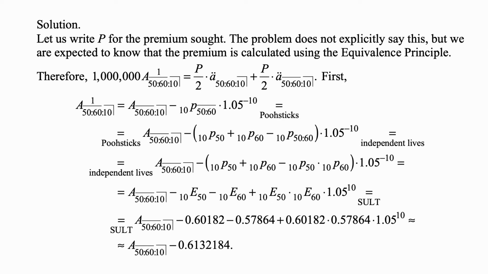And here's the solution. Let us write P for the premium. The problem does not explicitly say this, but we are expected to know that the premium is calculated using the equivalence principle. That means that this $1 million term insurance with death benefit payable upon the second death, present value, is equal to P over 2 times ä 50:60:angle 10 plus P over 2 times ä 50:60 with a bar above it, angle 10.